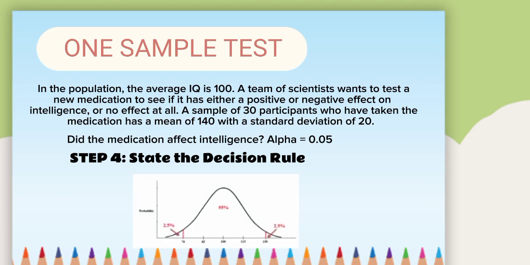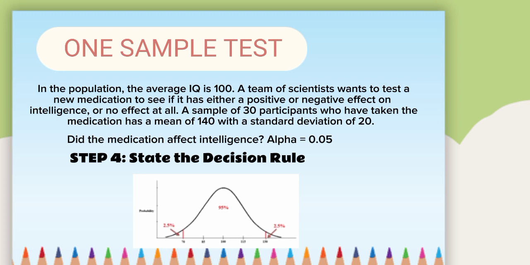Now we have an alpha of 0.05, so we want to find the middle 95% of where we would expect the mean to be. If it's outside of that in this two-tailed test, we're going to conclude that the mean we have is strange and likely is different from the population we're comparing it to. So using the t-table, the critical value we're going to use is 2.0452.